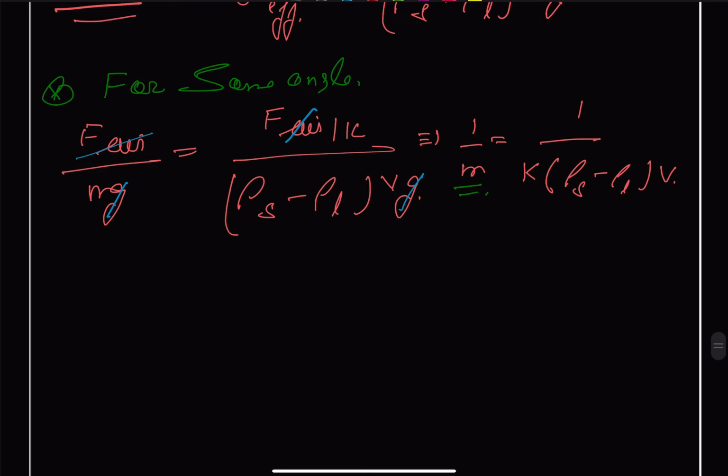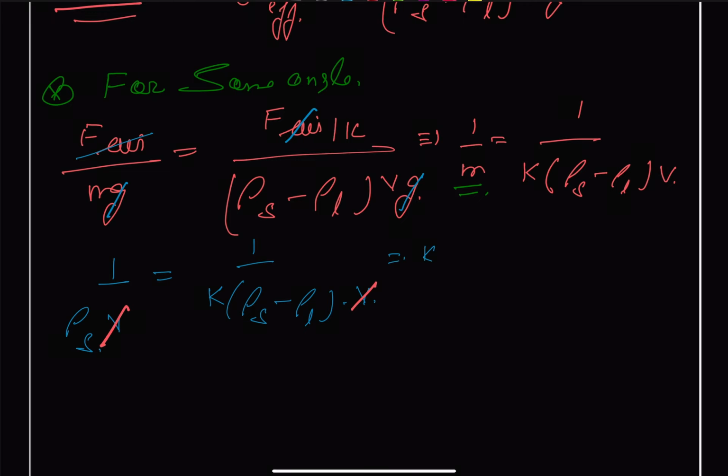So we can write this as 1 upon density of sphere multiplied by volume is equal to 1 upon K density of sphere minus density of the liquid multiplied by volume. And here this volume and volume cancel out. So we are supposed to find out the density of the sphere. And so we can just easily sort it out.